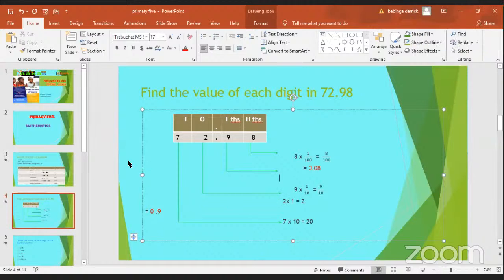Excuse me, teacher, how come you say 7 times 10 is equal to 20? I'm putting something right here.